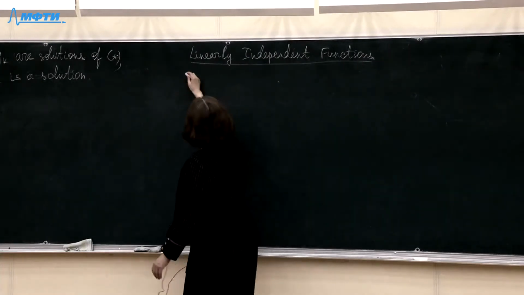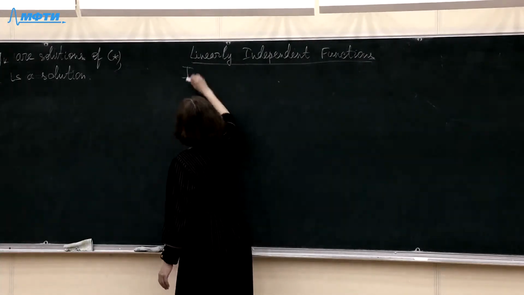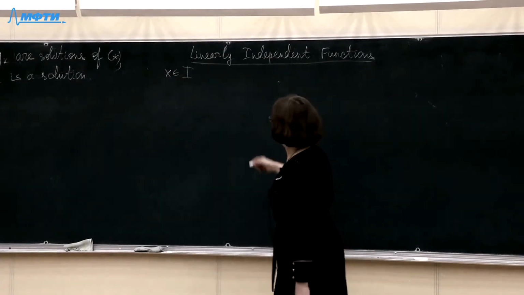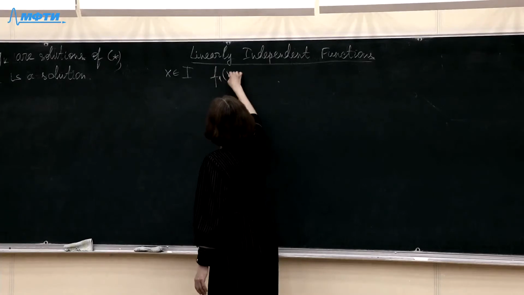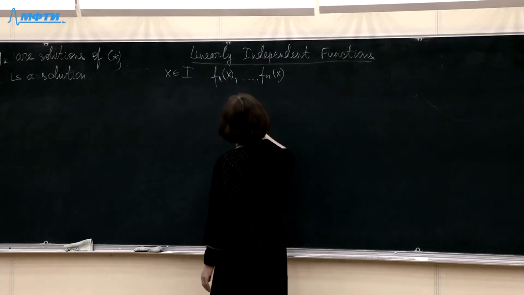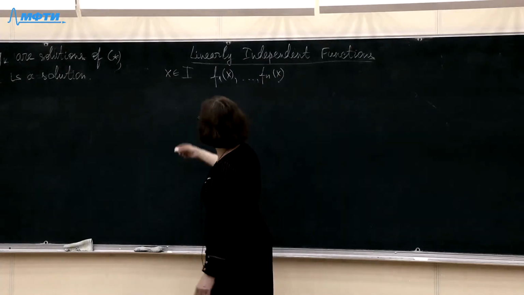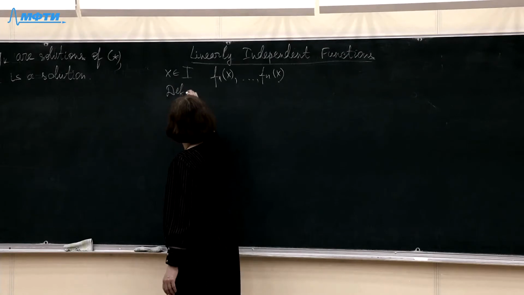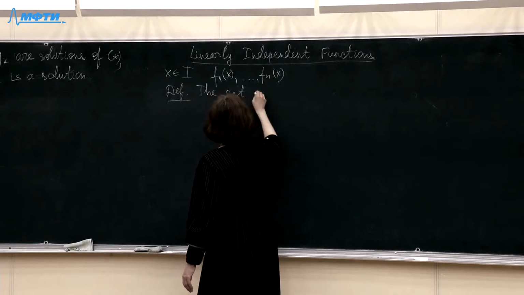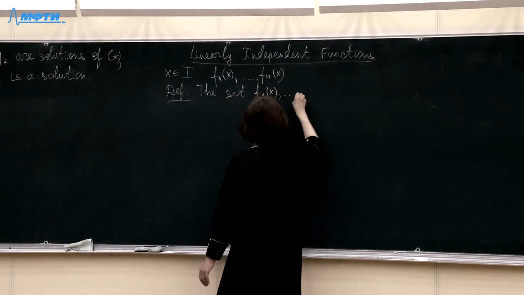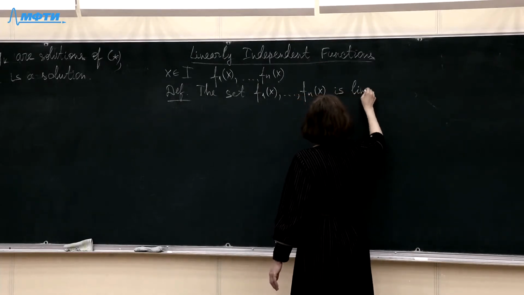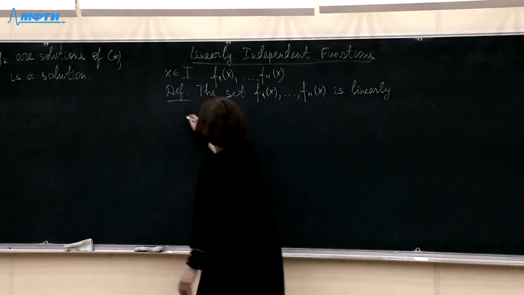So we will work on the interval I. So x belongs to I, and we are given the set of functions fn of x, and we will start with the definition. The set of functions f1 of x, dot dot dot, fn of x is linearly dependent first, right?